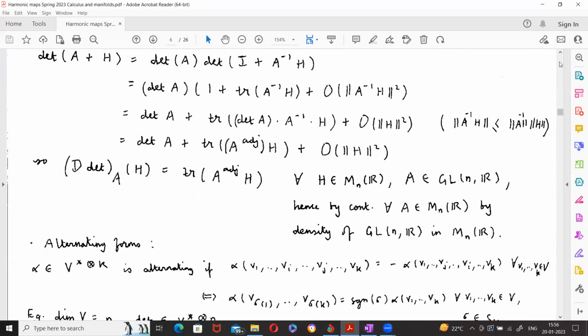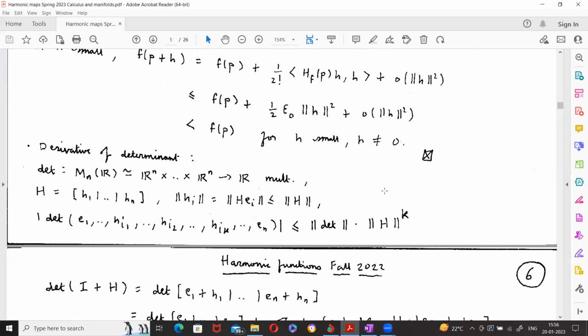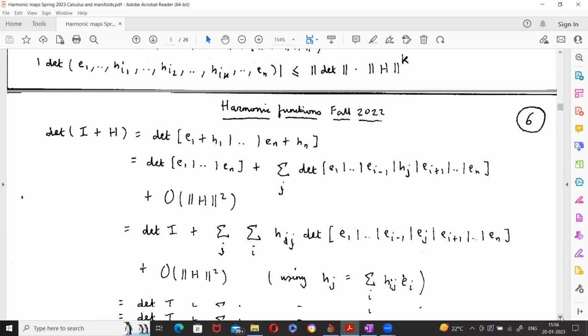Let me just compute the derivative of the determinant at the identity. The determinant of identity plus H is the determinant of E1 plus H1 up to En plus Hn. By multilinearity, I can expand this.